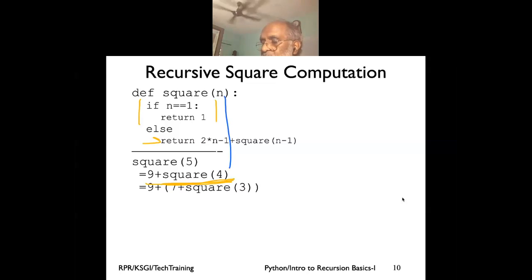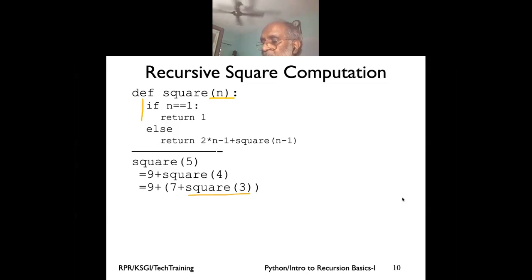So this becomes 9 plus 2 star n minus 1. So 2 into 4 minus 1 is how much, Abhiram? It should be 7. Okay. So 9 plus 7 plus square 3. When I come to square 3, n is 3.